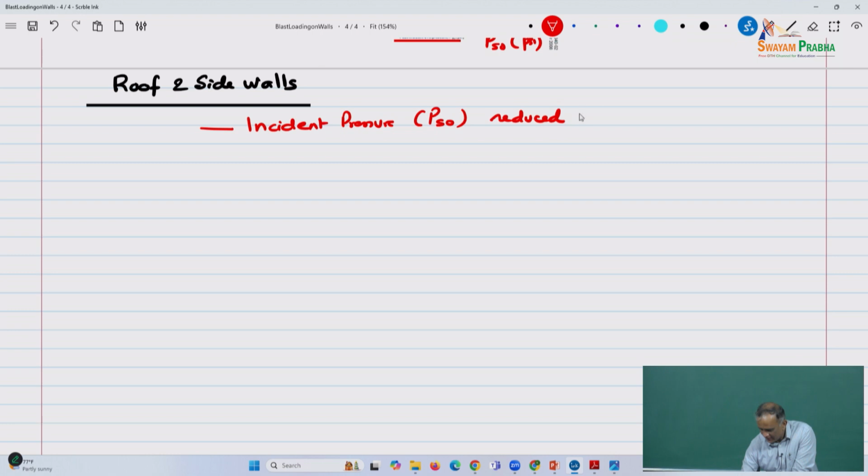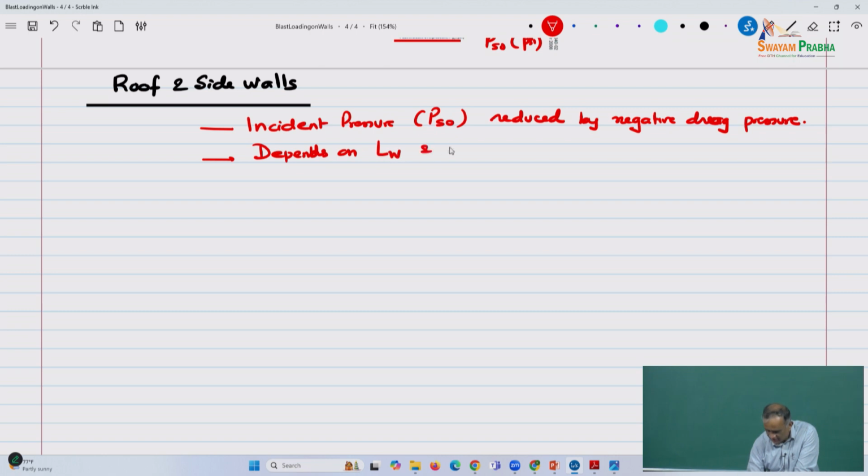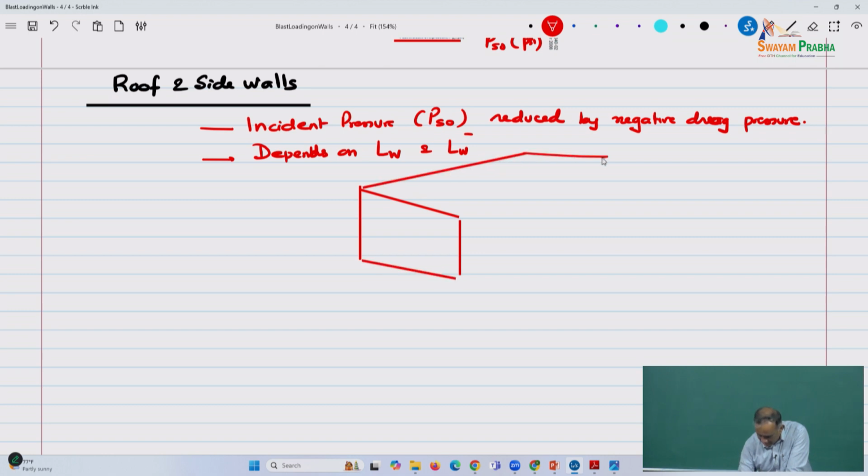This value, as we have seen, is reduced by the negative drag pressure. The drag coefficient CD is a negative value. Since we are looking at both of them, let me discuss both at this point.